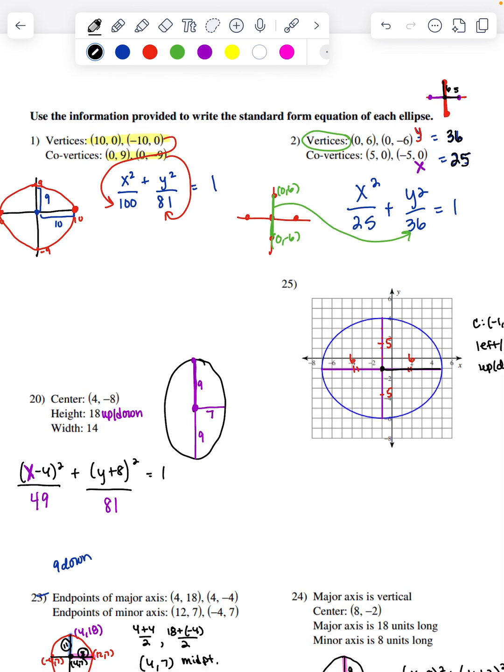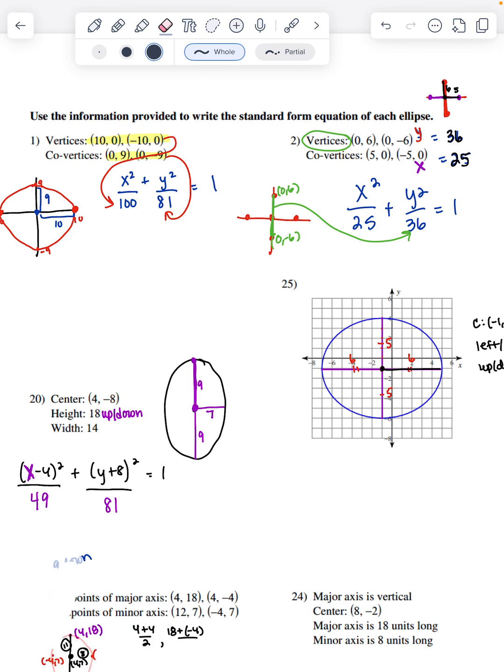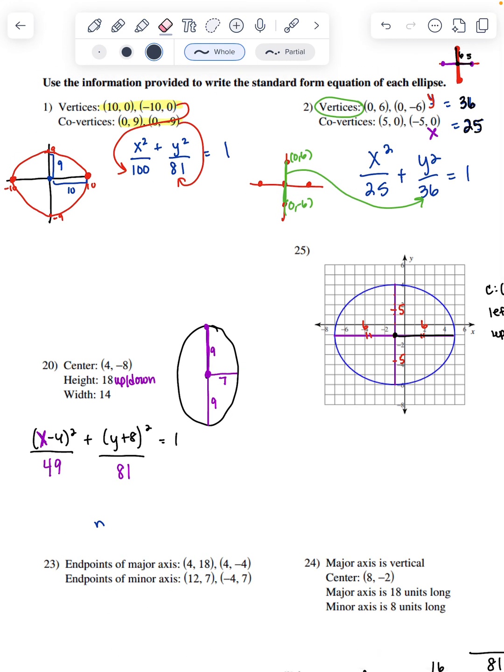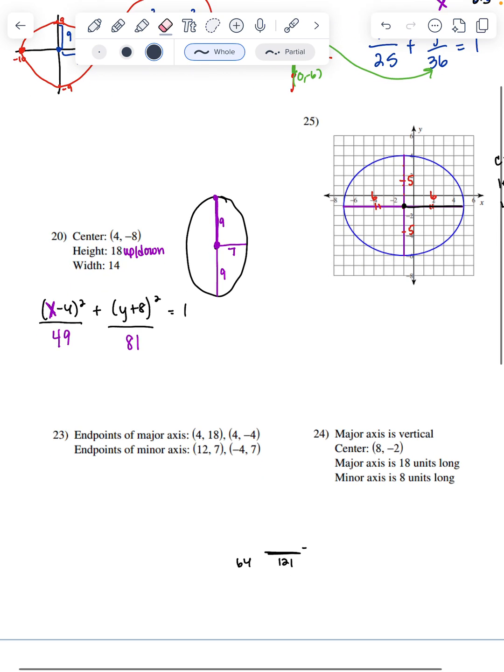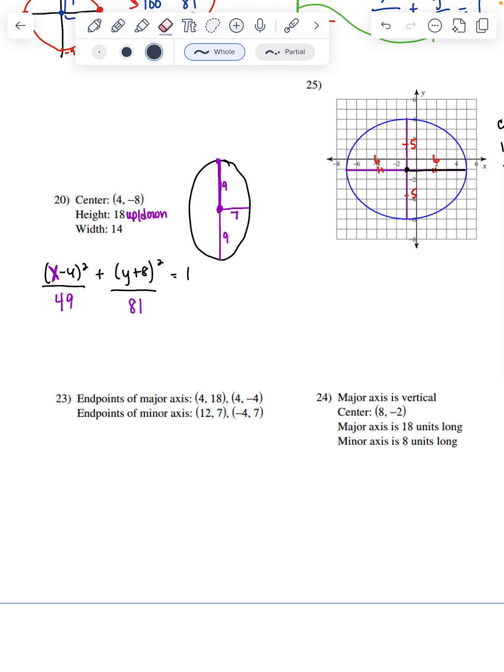The last two. Number 24 is nice and easy. You can do that one. Number 23 is very similar to number 20, where they do not give you the distance, but they give you the endpoints, right?